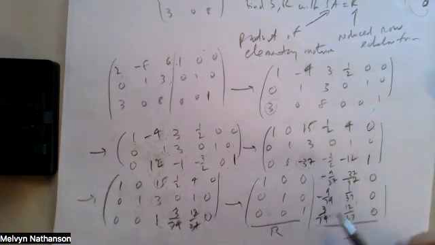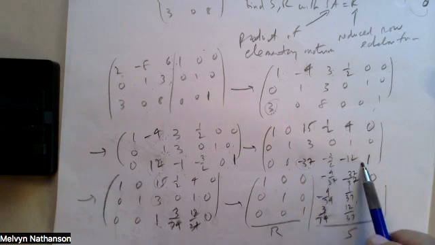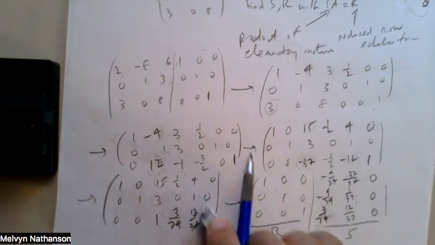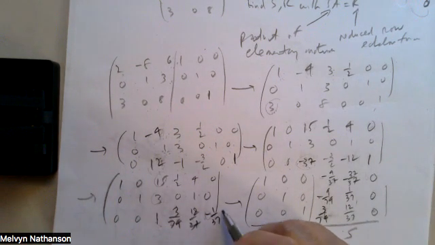So then, when I want to get a 1 here, I divided by minus 37. So this was 1 minus 3 over 74, 12 over 37. And this would be minus 1 over 37.